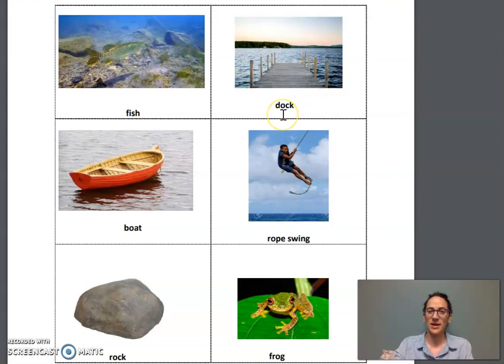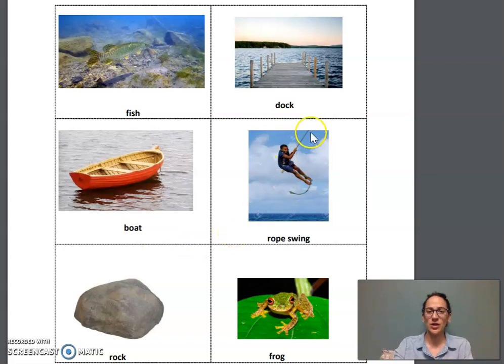Repeat after me. Dock. This is another thing people can use. What is this? In English, I say boat. Please repeat after me. Boat. Good. This is very fun.